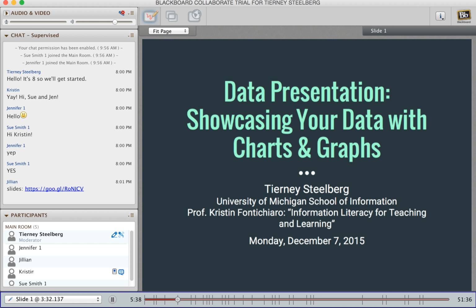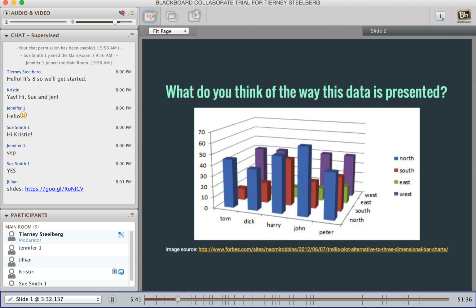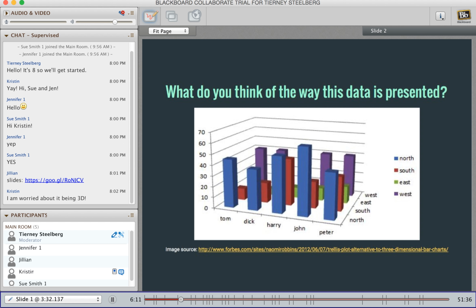Okay, let's dive in. To start off, let's look at an example of a run-of-the-mill Excel chart. What do you think of this data visualization? You can let me know in the chat. So it looks like Kristen is worried about it being 3D.